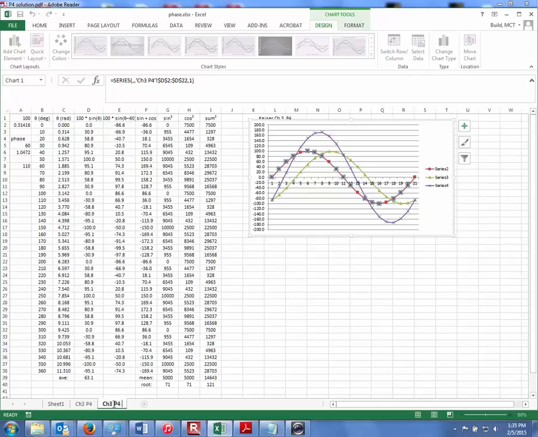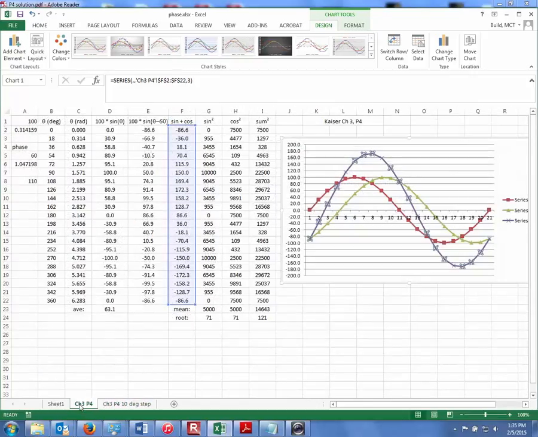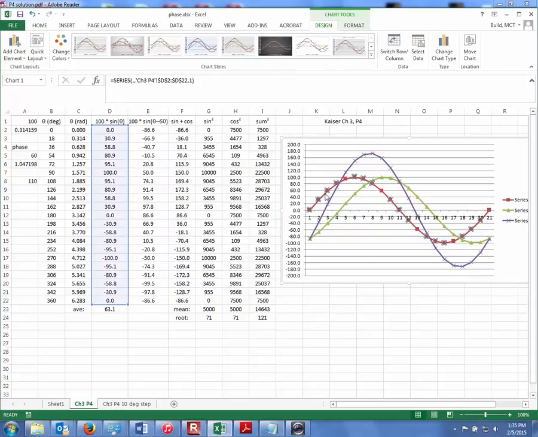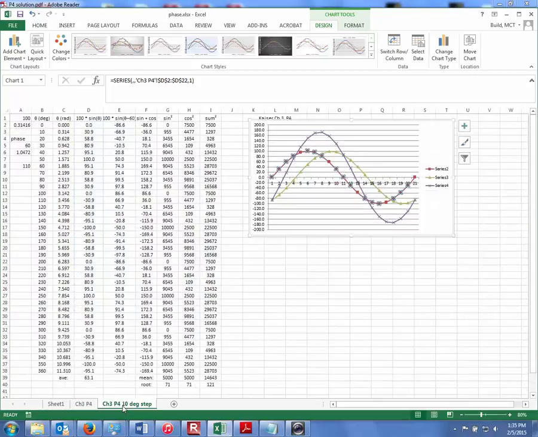I'll just call it 10 degree steps. The last one was 18 degree steps. So again, this was sine, and I should be able to just edit that box. Let me try to do that.